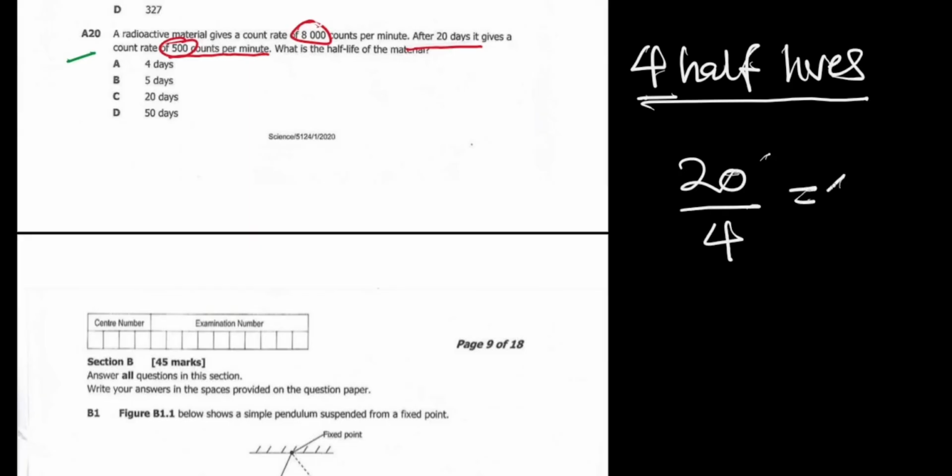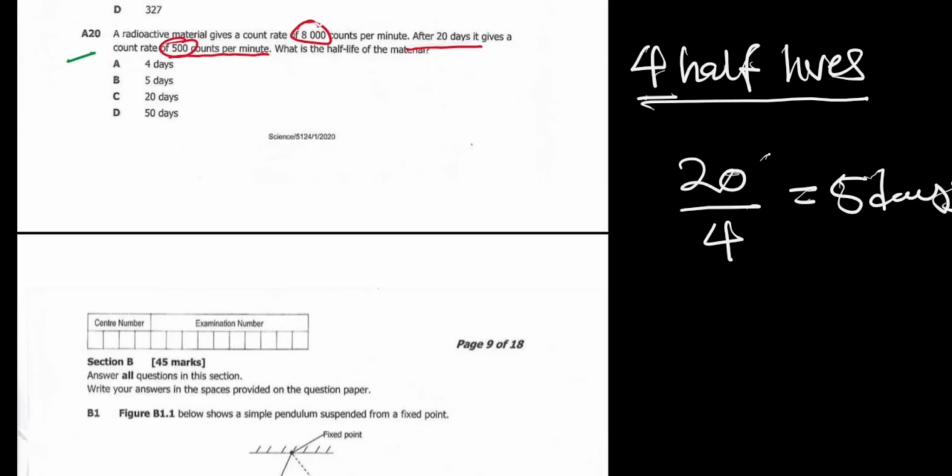So this 20 days is for 4 half-lives to decrease it from 8,000 to 500. So for us to find the value of 1 half-life, we just need to divide 20 days over the number of half-lives that we have. So this is going to give us 5 days.